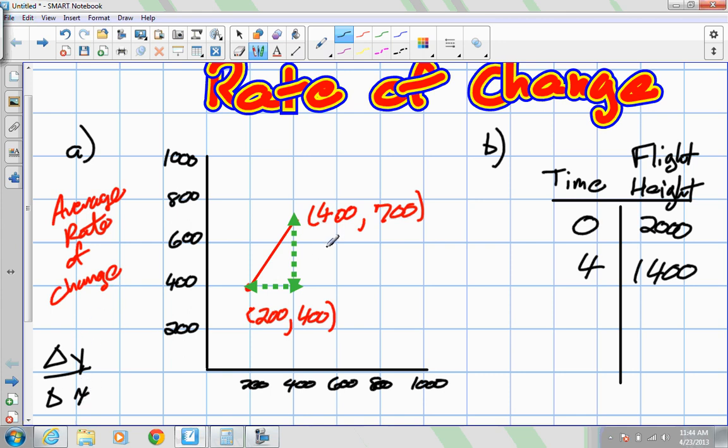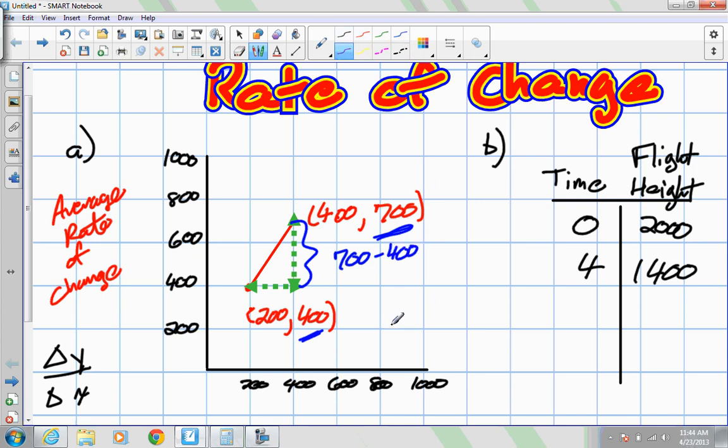So in this case, for our change in y, we're going to take our 2 y coordinates to help us figure it out. That would be 700 subtract the number 400. So let's say we're writing a little formula for it.